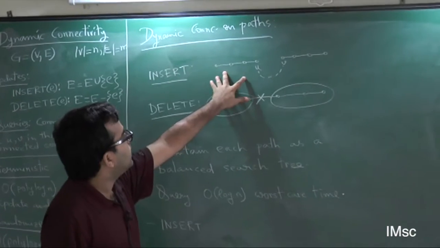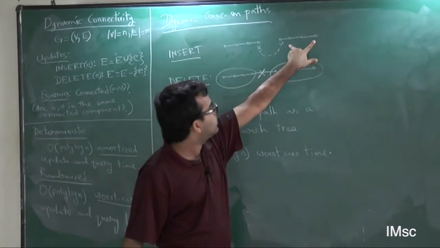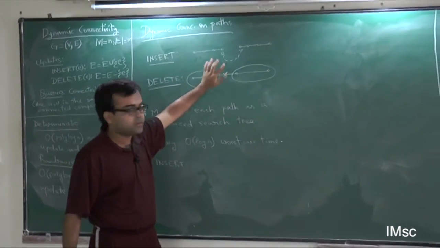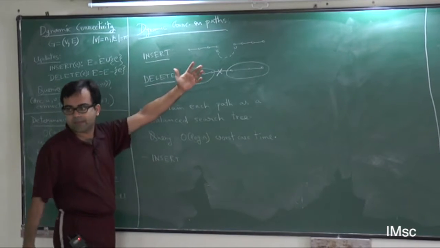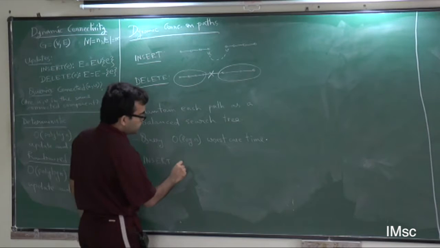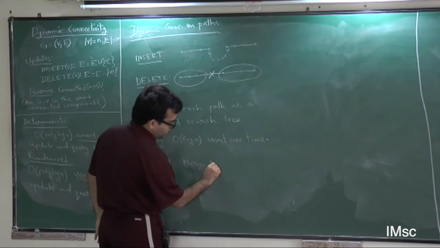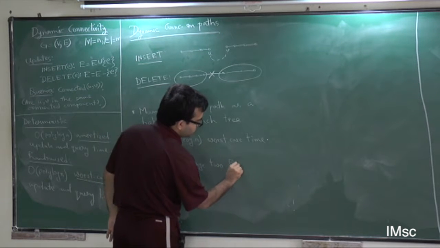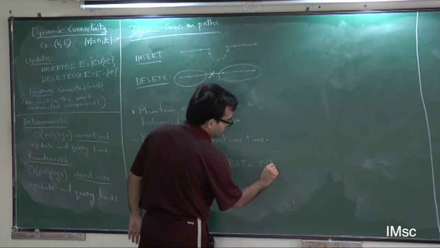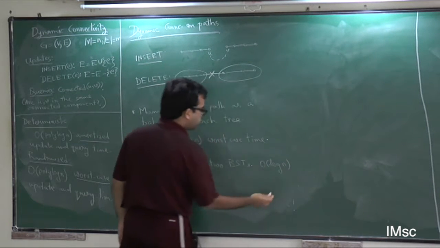For this thing, it is as if you have this sorted list and you have this sorted list and you are appending this sorted list at the end of this list. Okay. So, this operation you can perform using a balanced search tree, as you would know from a data structures course. So, insert is simply merge two balanced search trees. This is also order log n and again worst case.